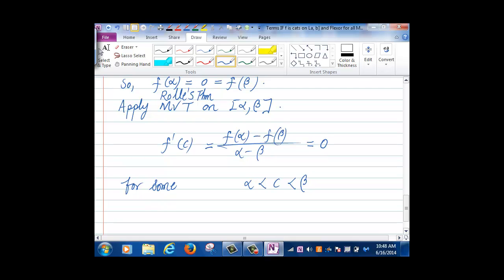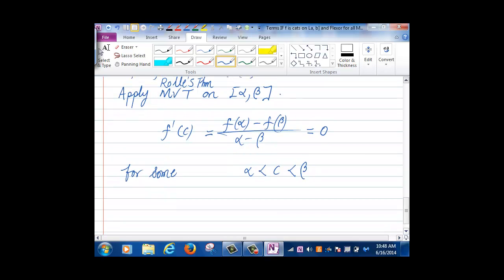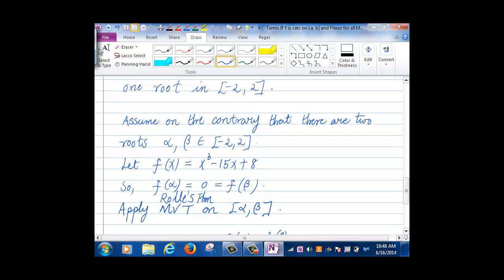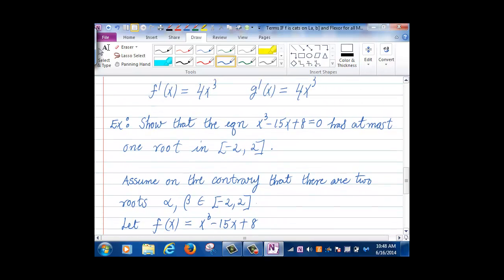So let's go through this one more time. Remember, what I have to show is that this equation has at most one root between -2 and 2. We are assuming, on the contrary, that it has more than one root, that is, two roots between -2 and 2. What do you mean by root?